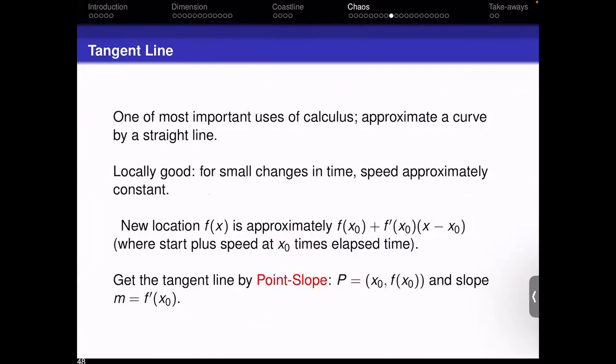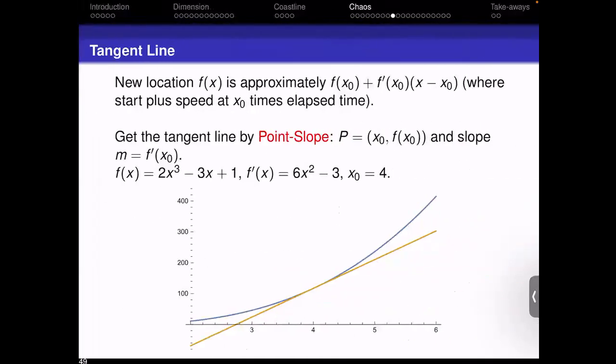So f of x, the new location, is approximately where I started, f of x naught, plus my instantaneous speed, f prime of x naught, times the elapsed time, x minus x naught. This is the equation of the tangent line. I'm just finding the line going through the point x naught, f of x naught, with instantaneous speed or slope f prime of x naught.